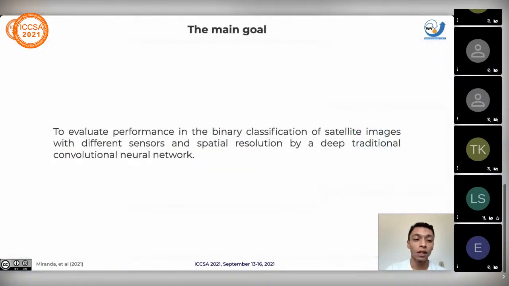With this, we believe it is interesting to evaluate whether convolutional neural networks are suitable to correctly classify satellite images, considering heterogeneous sets of images obtained by different sensors and different spatial resolutions. Hence, the main goal is to evaluate the performance of binary classification of satellite images with different sensors and spatial resolution by a deep traditional convolutional neural network.